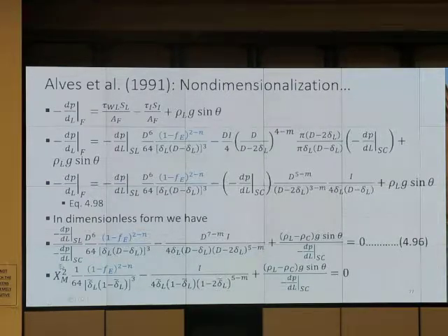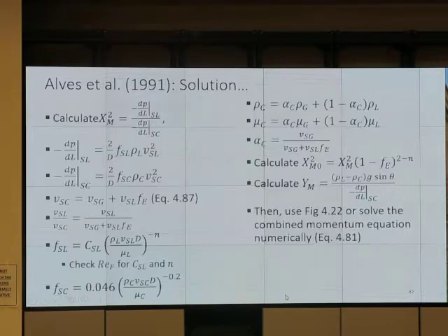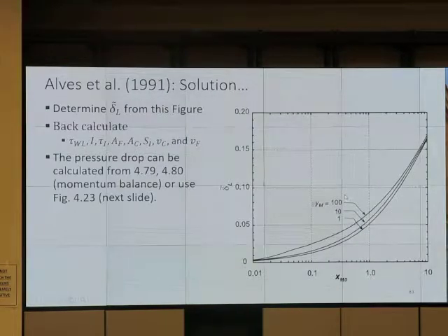Then from this equation, we have f sub e, x sub m and y sub m, and delta of course. In your graph, it doesn't have f sub e.